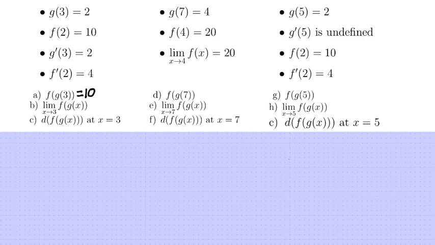We know that f and g are continuous. We know that f is continuous at 2 and g is continuous at 3 because their derivatives exist. So that means that the limit of their compositions exists and equals the function value there. Because they tell us what the derivatives are there, they have to be continuous. And so the limit equals the composition.